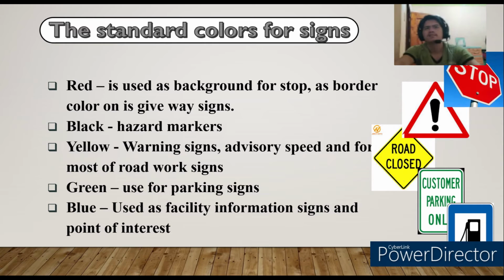Next is the green. Green is used for parking signs. Mostly we can see green signs in the city that give direction. Yung mga nasa mga poste, yung mga nag-give information about sa kilometers of distance and kilometers.